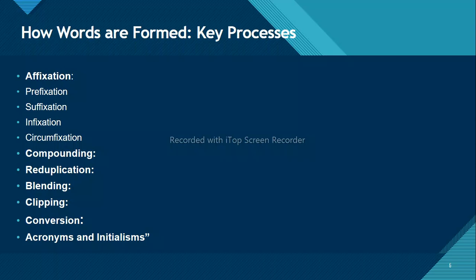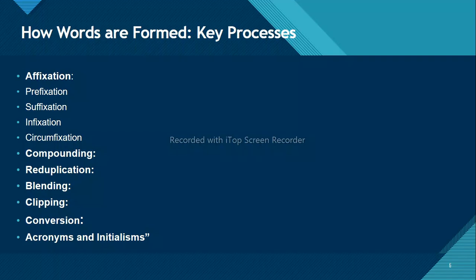Compounding. This process involves combining two or more words to create a new word with a specific meaning. Examples: notebook from note and book, toothpaste from tooth and paste, and sunflower from sun and flower. Reduplication. Another interesting process is reduplication, which involves repeating all or part of a word to alter its meaning.